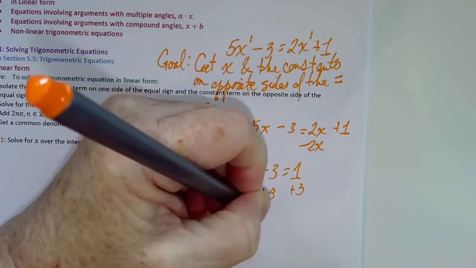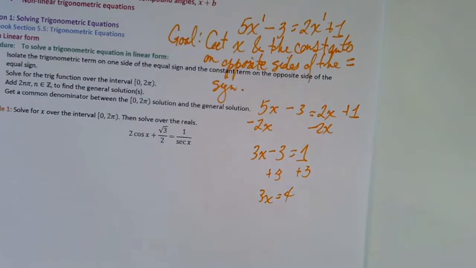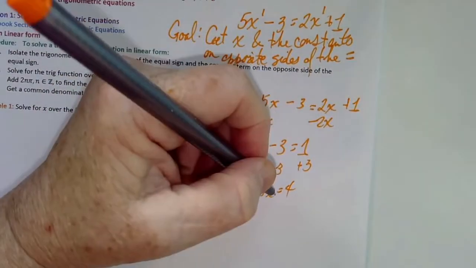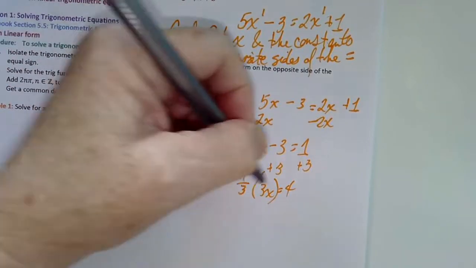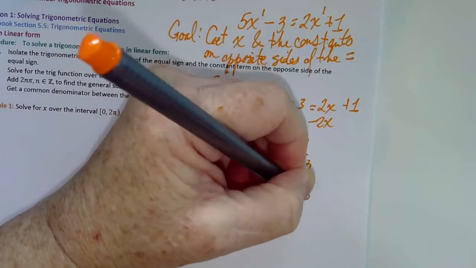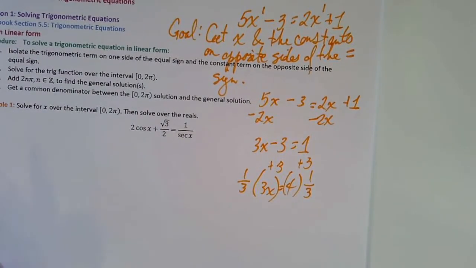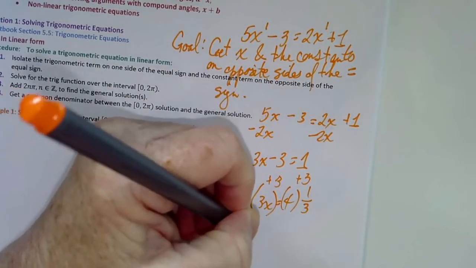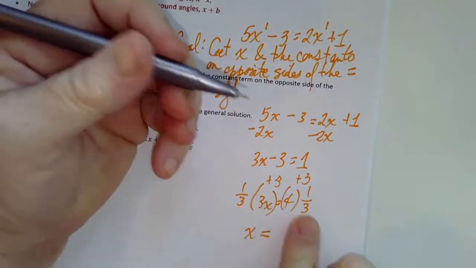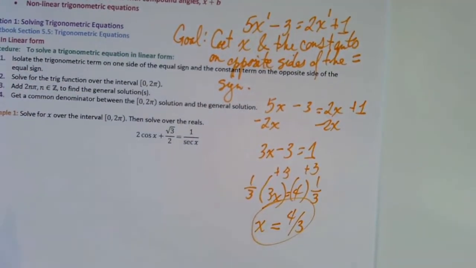So we get 3x equals 4, and then we can divide by the coefficient of x, or we can multiply by the reciprocal of the coefficient of x. That's how we're going to think of it, multiplying by 1 over the number. Well, 3 times 1 over 3 is 1, so on the left side we get x, on the right side we get 4/3, and we would normally need to check that equation.